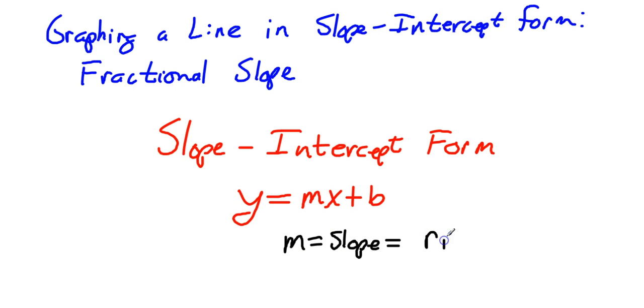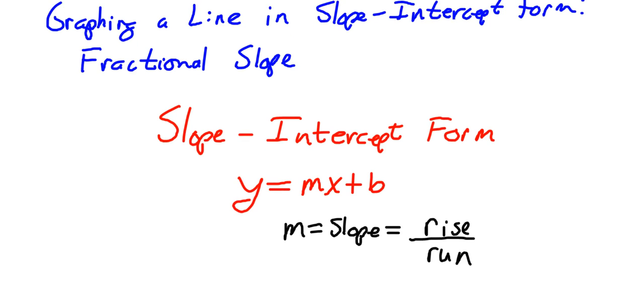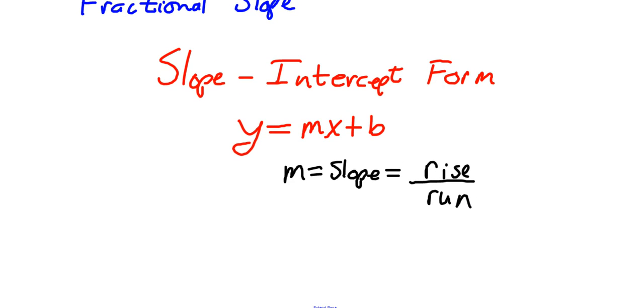And remember, when you do slope, it always wants to be in fraction form. Slope is your rise over your run. It's how much you move up and down versus how much you move side to side. And your b value is the y-intercept. And that's the value where it crosses the y-axis.